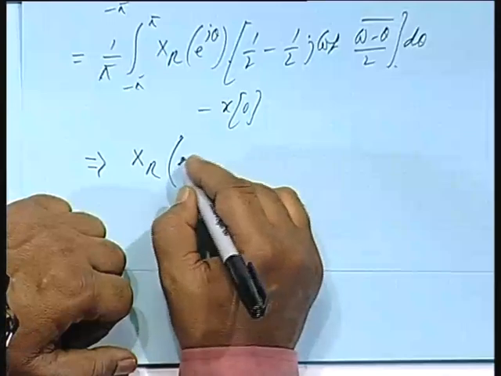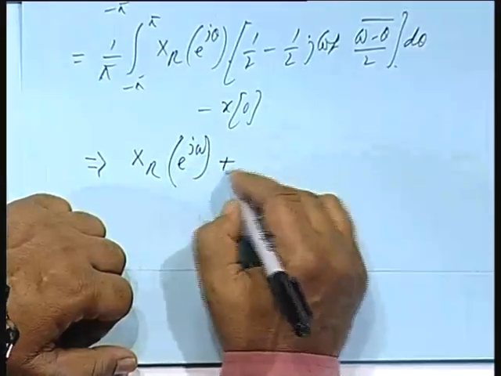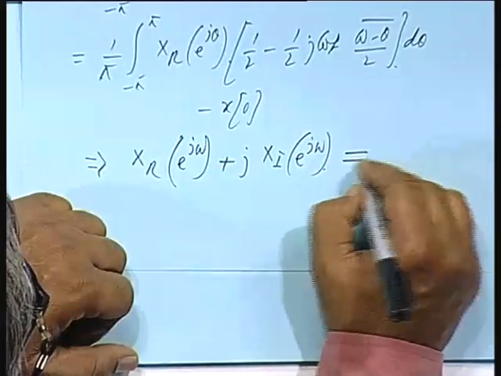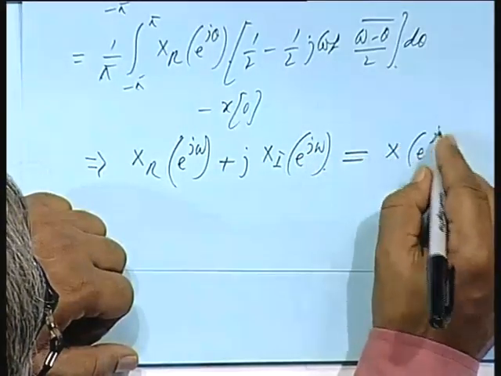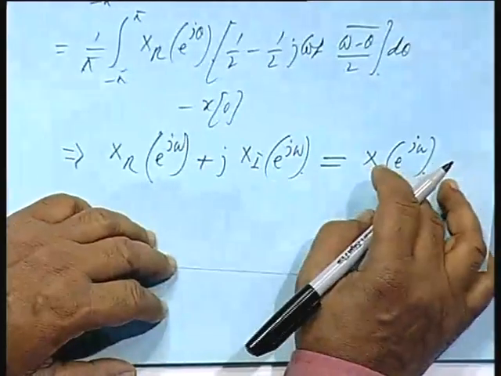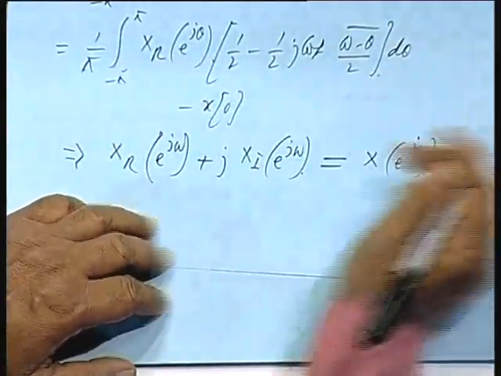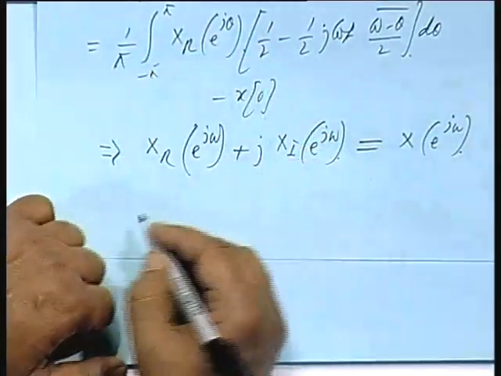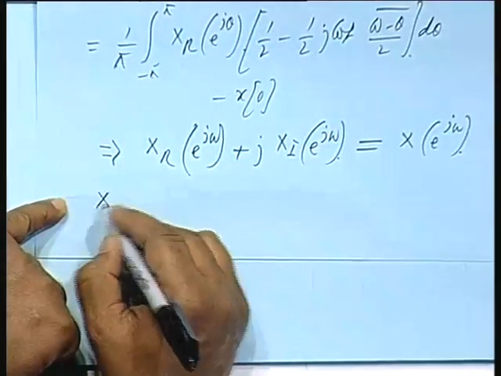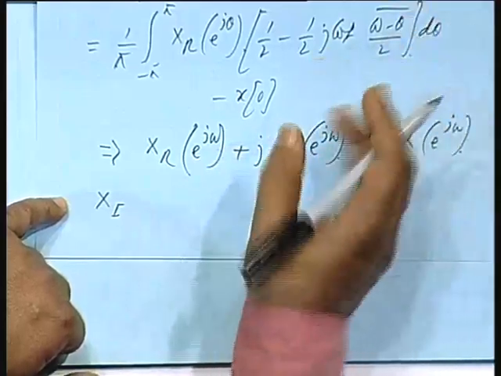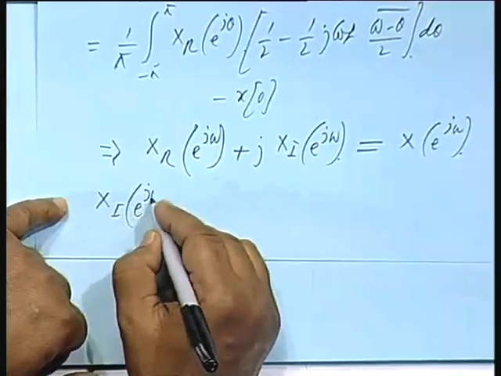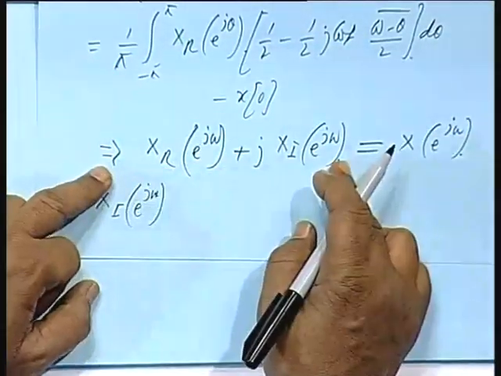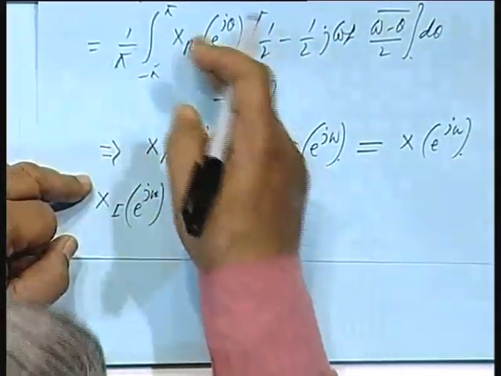You can see X_R(e^{jω}) plus j times X_I(e^{jω}) is X(e^{jω}), is it not, and X(e^{jω}) is also this term. Now, this is generating an X_R term, all right. So, finally, the imaginary part will come on this side. If you just equate, expand this and equate with this, X_R will get cancelled.